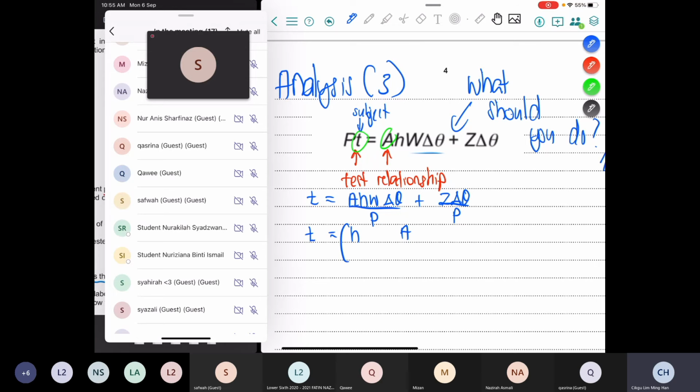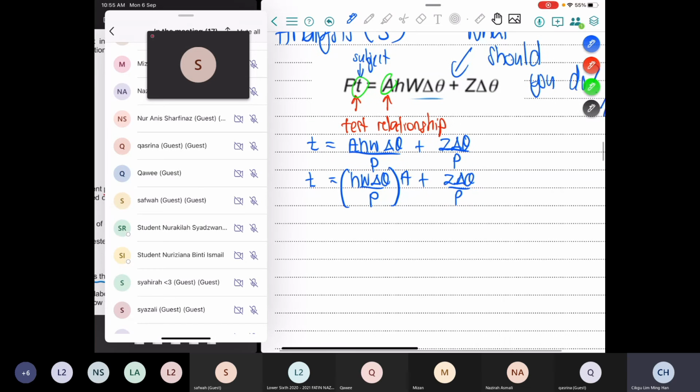So it becomes H W delta theta over P plus the whole thing, Z delta theta over P. And this is our equation of a straight line, plus C. So the Y is your T, your gradient will be this one, this one will be your X series, and this one will be your Y intercept.